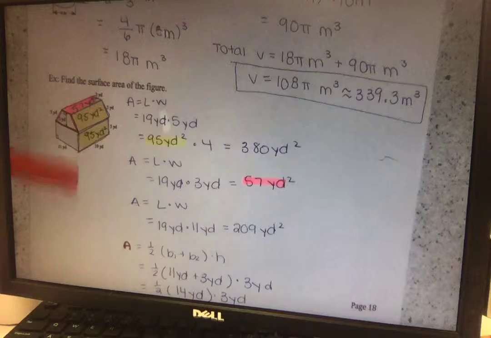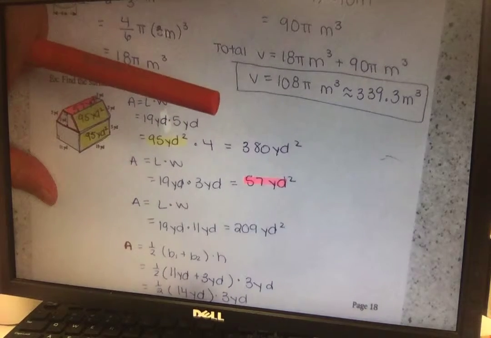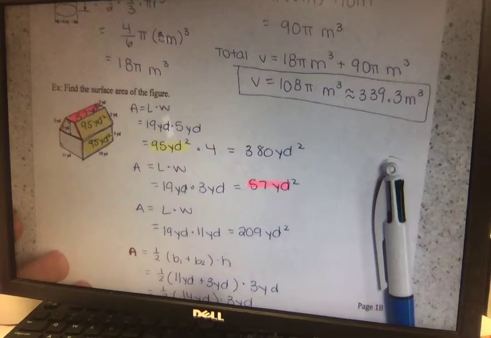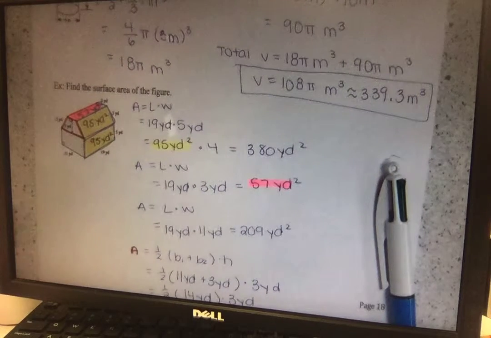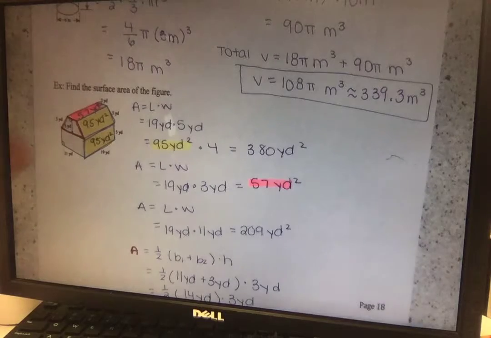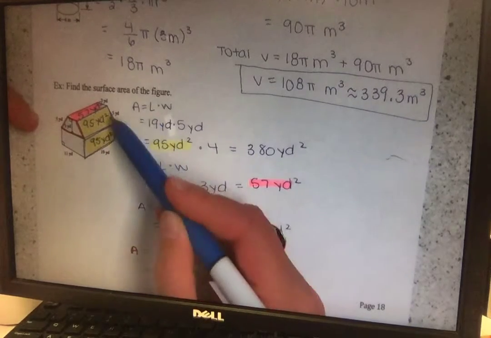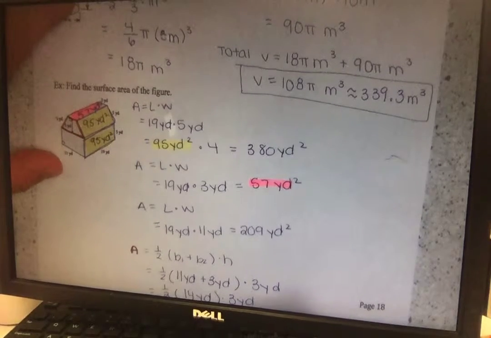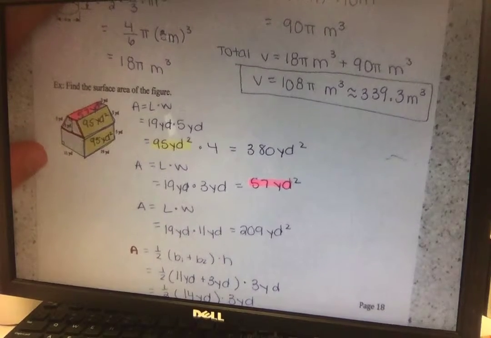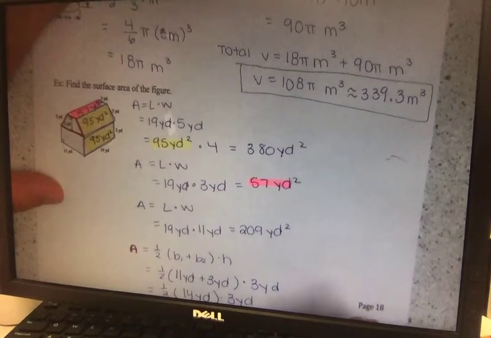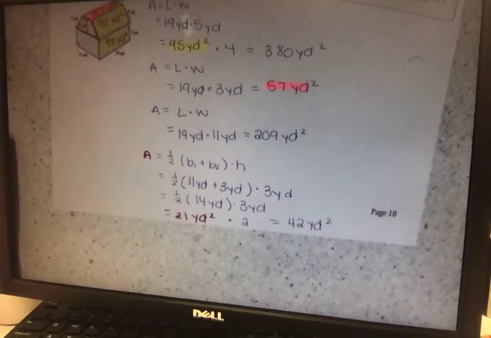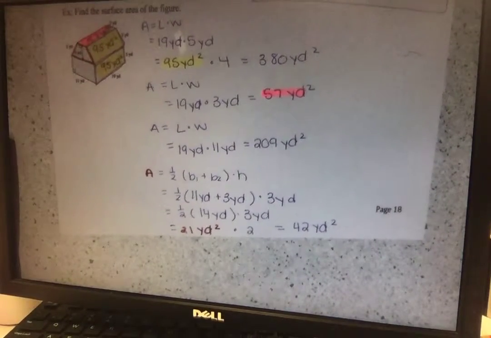So that should give us 21 yards squared. So that's going to be that red trapezoid. So on this side there's going to be the red trapezoid, so that means on this back side there's also going to be another one of the same. So we have times 2 will give us 42 yards squared.